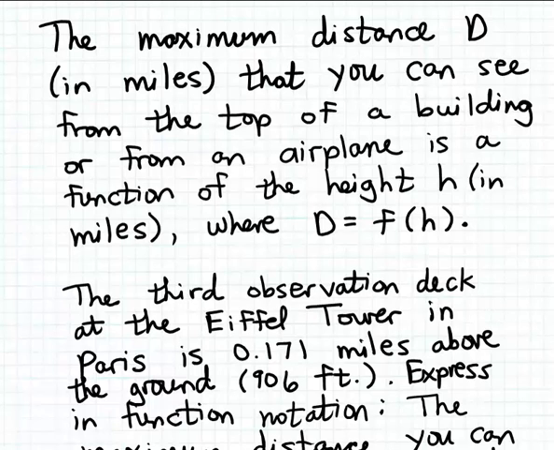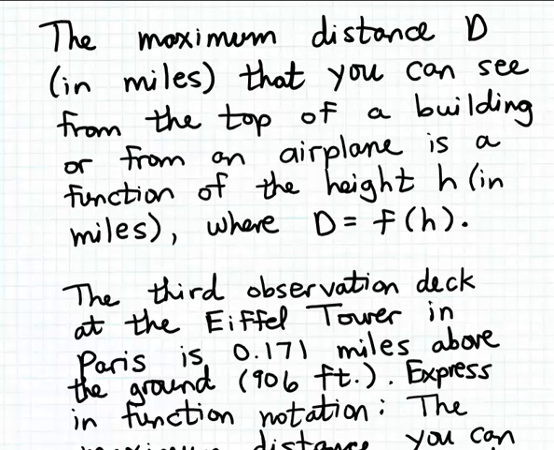So this maximum distance that we can see is measured in miles, and we're calling that value d, and the height we're going to refer to as h, and that also is measured in miles. And the name of the function that we're going to use in this example is f.